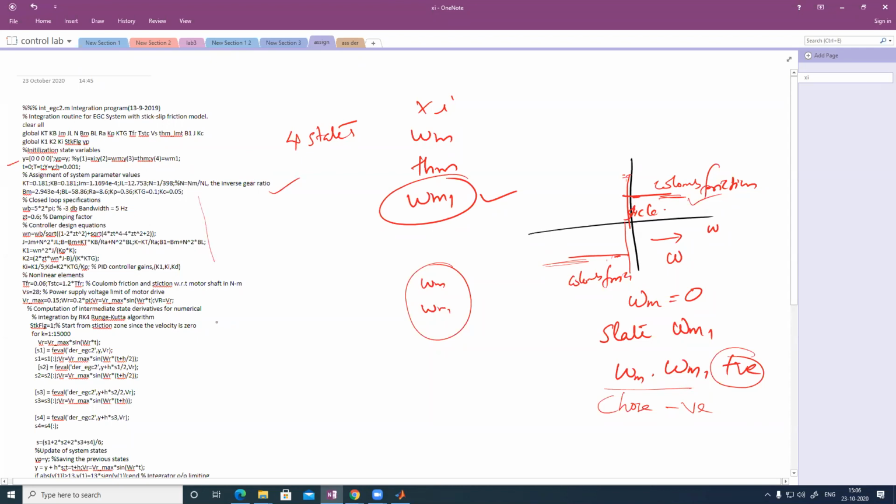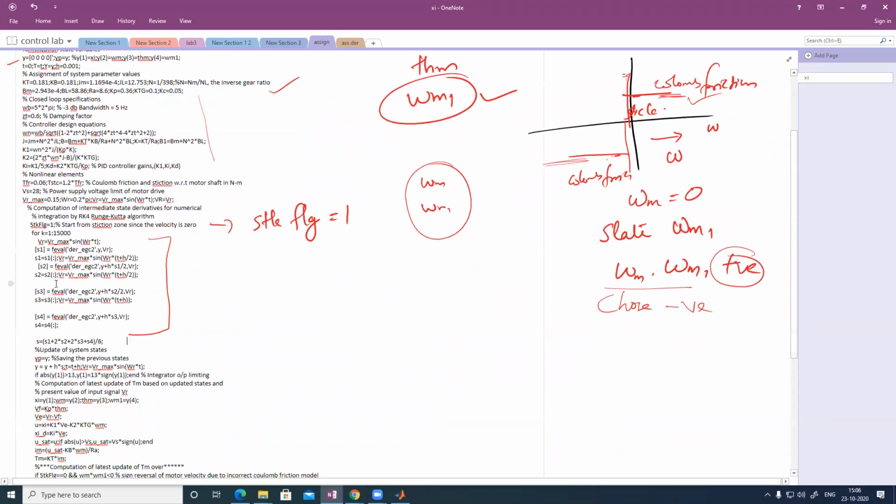and we are taking a stick flag equal to 1, and this Runge-Kutta RK4 method, whatever you did earlier, remains the same. You are choosing a YP, that is, you are saving the previous states.